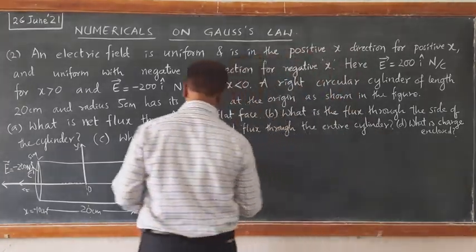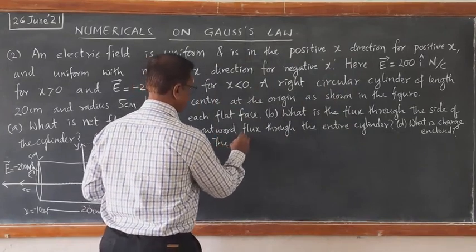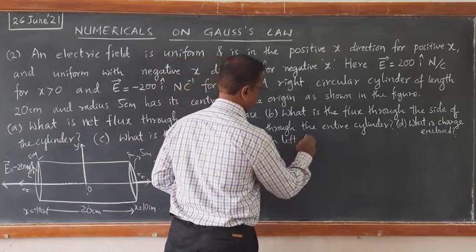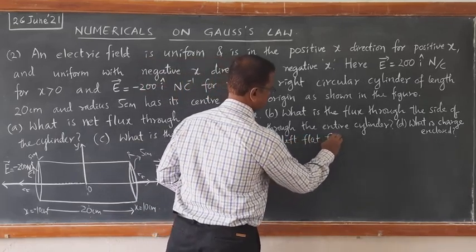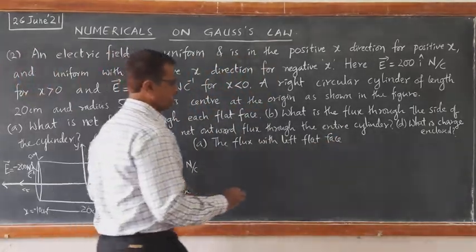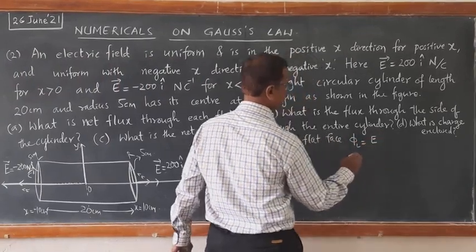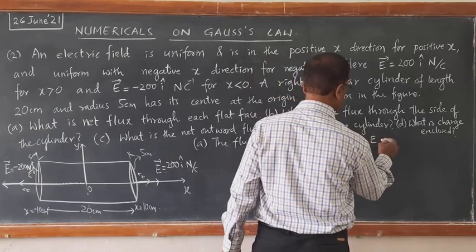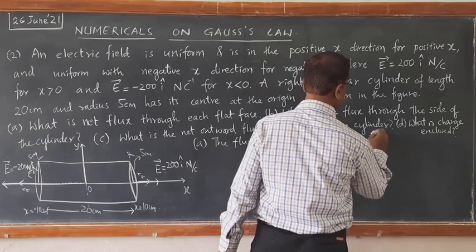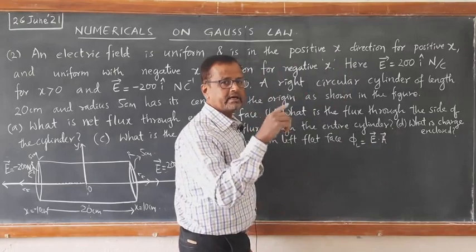Okay, first, the flux with the left flat face, the left circular face. I can write phi L is equal to E dot ds, E dot A, where A is the circular area of that.